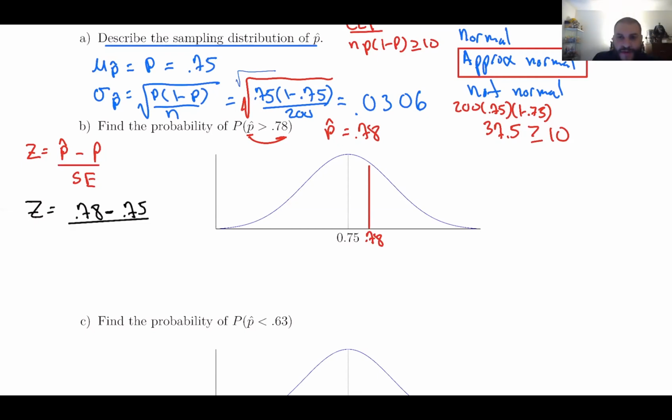Standard error, we found over here, is 0.0306. Any question? I got 0.78 minus 0.75 divided by 0.0306.